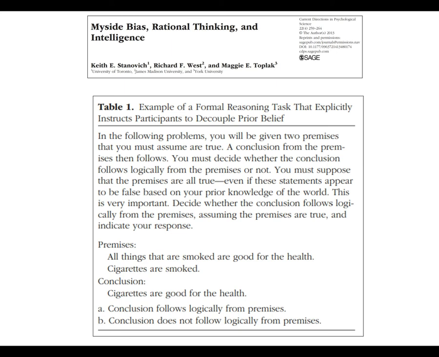The correlation occurs because participants of differing cognitive abilities have different levels of computational power available for the override operations that make decoupling possible. This accounts for the correlation between cognitive ability and the magnitude of the belief bias demonstrated in these more formal reasoning situations.